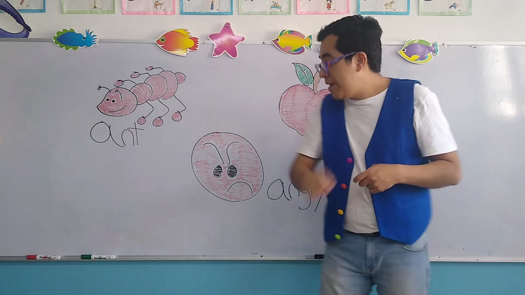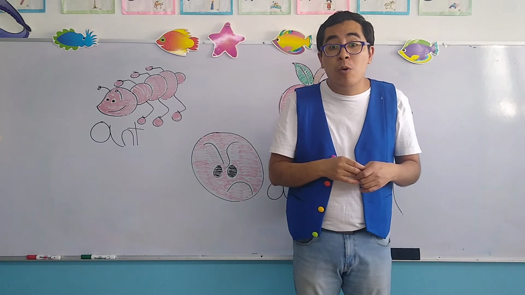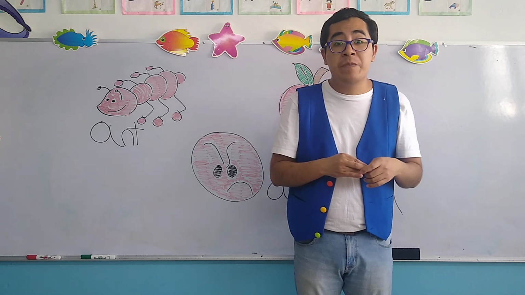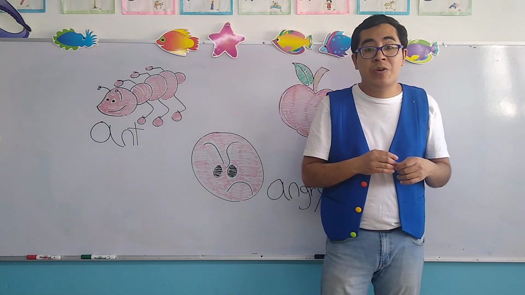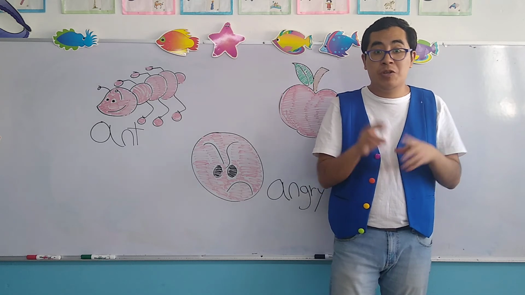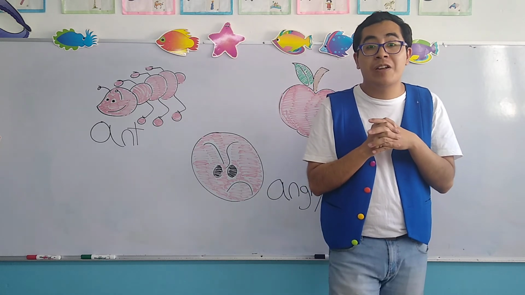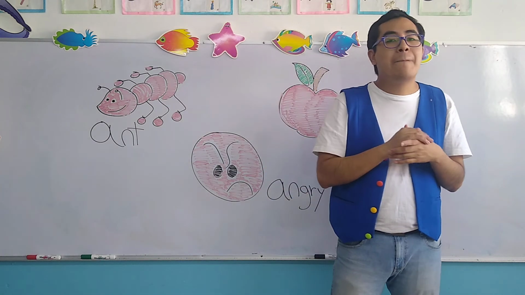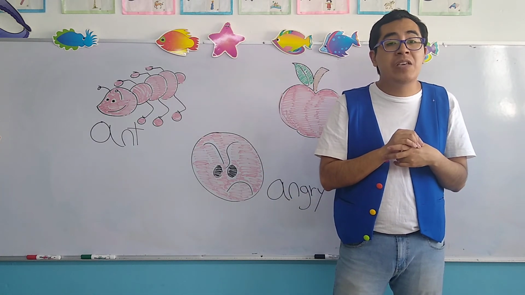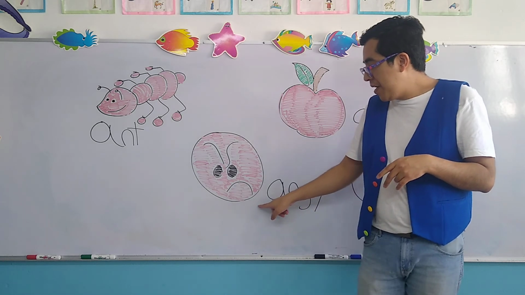So remember, if you are an angry boy or girl, you have to be careful not to become the Hulk. Cuando ustedes se enojen, debemos de tener cuidado de que no se conviertan en el Hulk, okay? Very good. So we have an angry person, which begins with the letter small a.